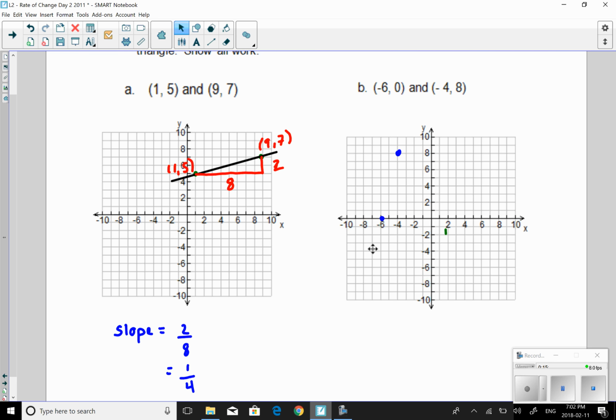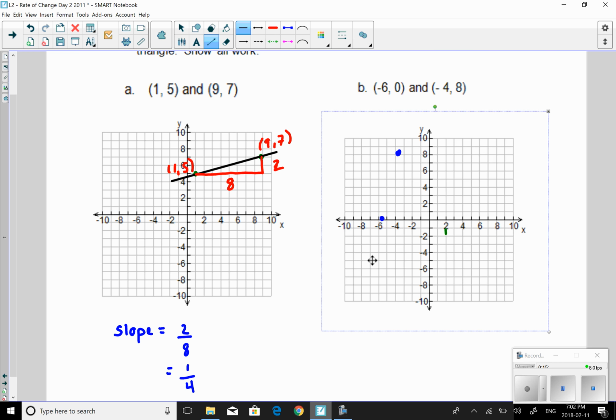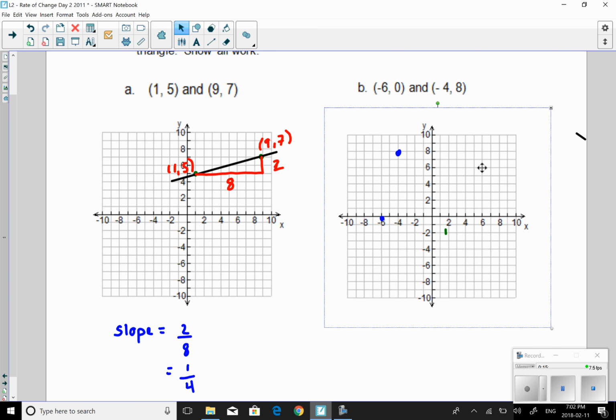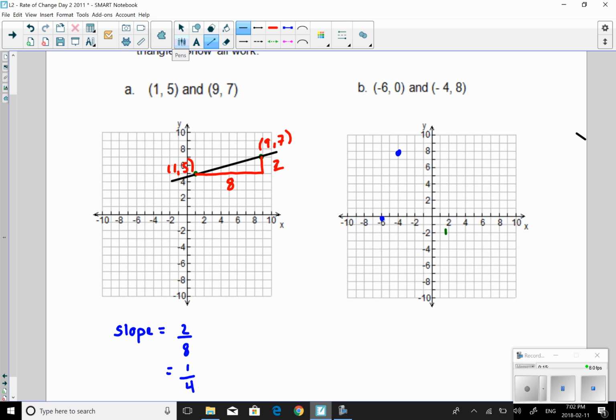Okay, so let's think about it. We've gone from 0 to 8. So that's 8. Looking at my horizontal, my vertical. Then I've gone from -6 to -4. When I get less negative, I actually increase. So I've gone up 2.